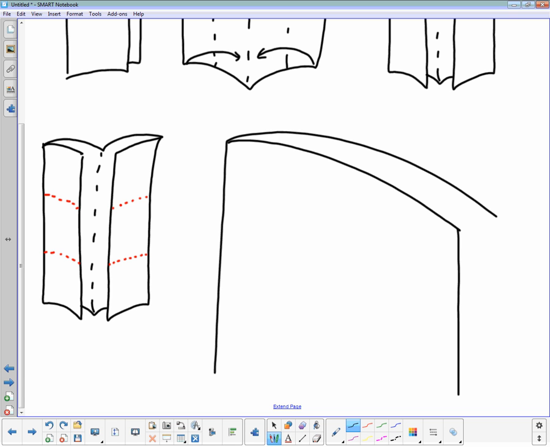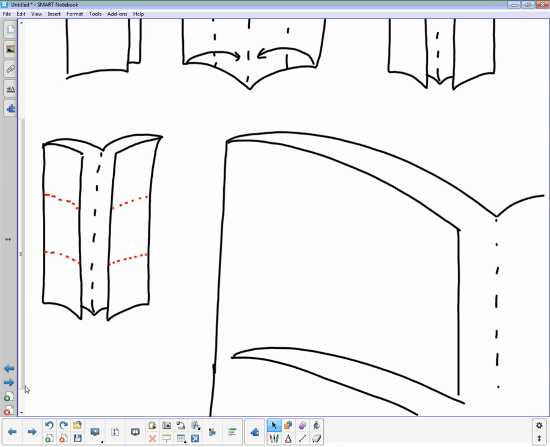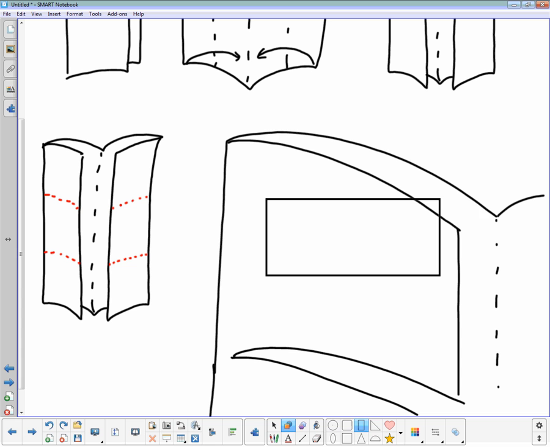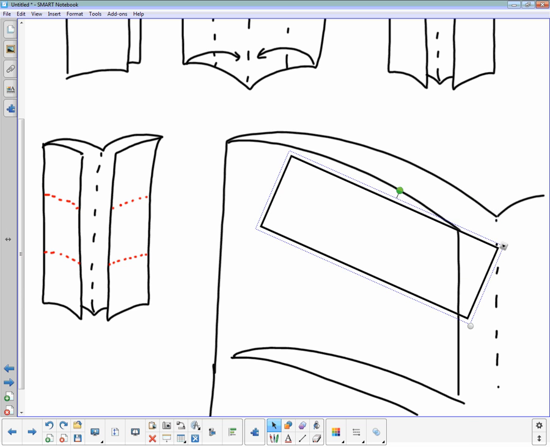All right. So if you don't have the scissors, then what you're going to do on each of these little windows, you're going to take the ruler, lay your ruler down and make a pair of parallel lines.